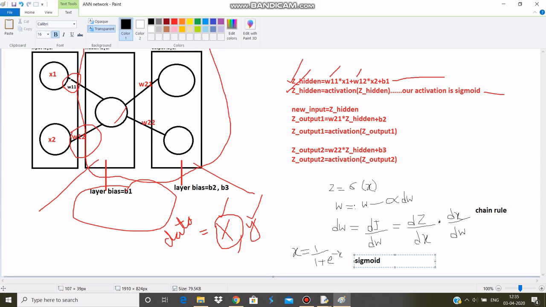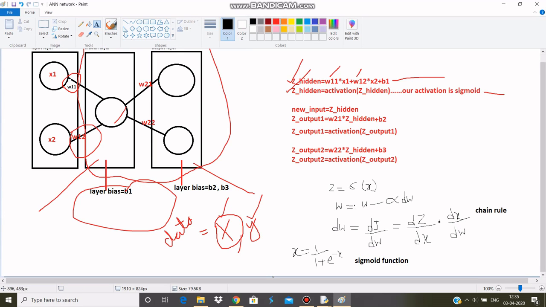I have written x equals this, but that should be z equals this. One moment, I'll just change it. This is z, because we have defined z equals sigma of x. Okay, so this is our sigmoid function.